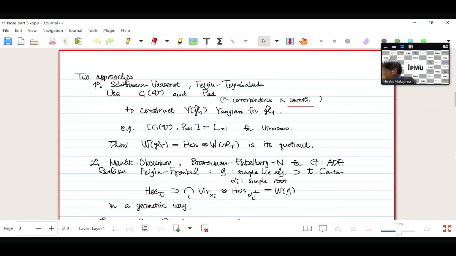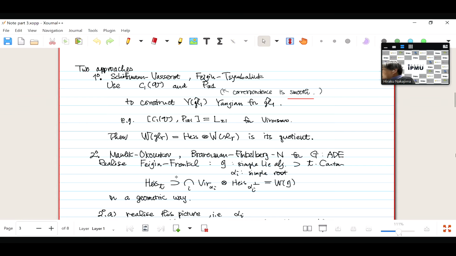Luckily, we can use the Feigin-Frenkel characterization of the realization of the double algebra. I hope you know this Feigin-Frenkel; maybe Arakawa-san will explain that a few weeks later.